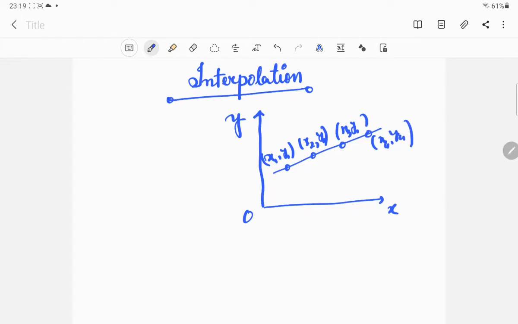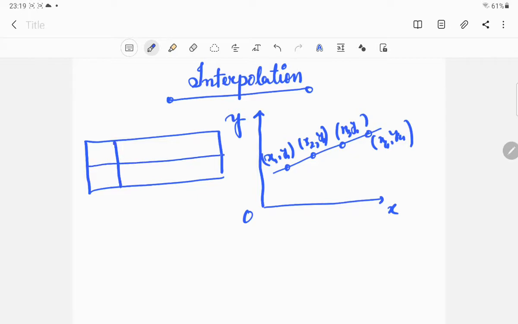So the table goes like that. It's simple. So that is the data table that is provided to you.